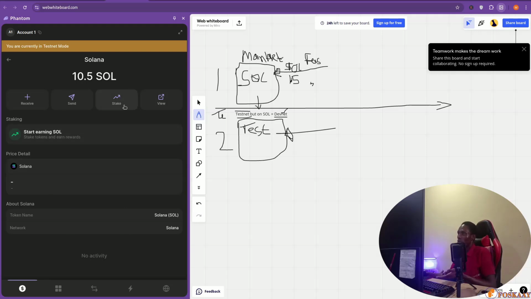And that's why you see it doesn't have any value. I believe this has helped you as a beginner, because I know you were asking and confused. That's why I've taken the time for you to have a clear understanding why these two things can never be exchanged, and why you can still bridge from the Solana blockchain to Ethereum, to Polygon, to Monad, and a lot of them like that.